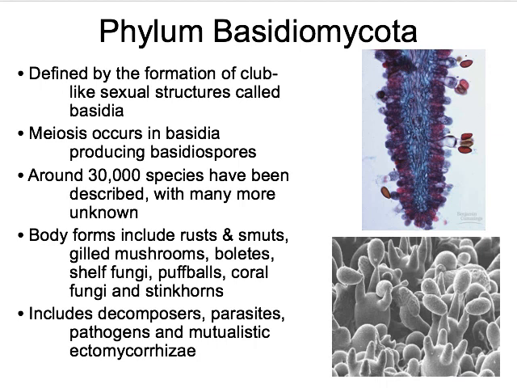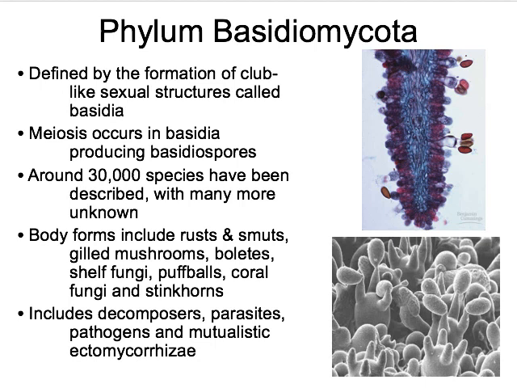Our final phylum that we learned for this class this semester is the Basidiomycota, and they are defined by the formation of club-like sexual structures called basidia. Now, in these organisms, meiosis occurs in the basidia, producing special basidiospores.